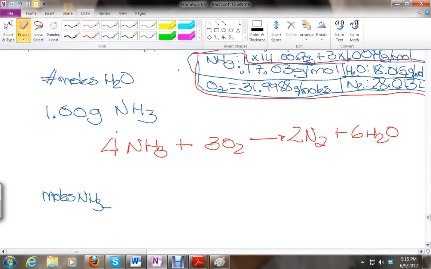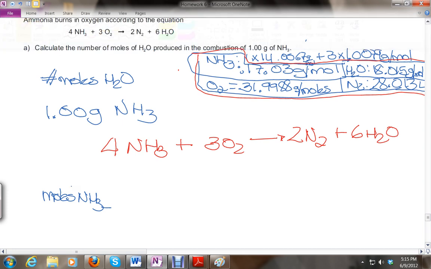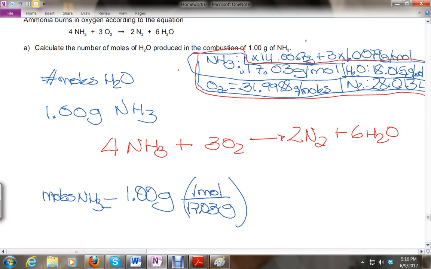To get rid of the units, you put 1.00 grams, and you have to have moles on top. Remember, this is grams per mole, so it would be 1 mole. So you divide by the molar mass of ammonia. It's going to be 0.05871. I'm going to keep the decimals.